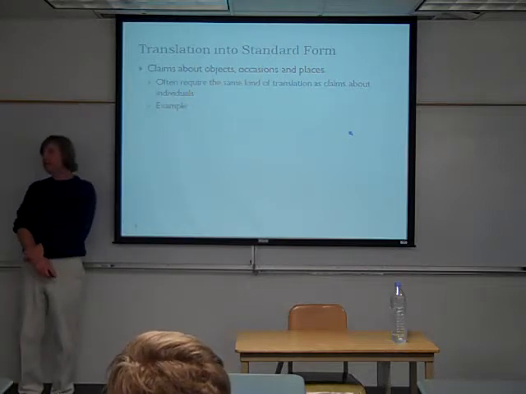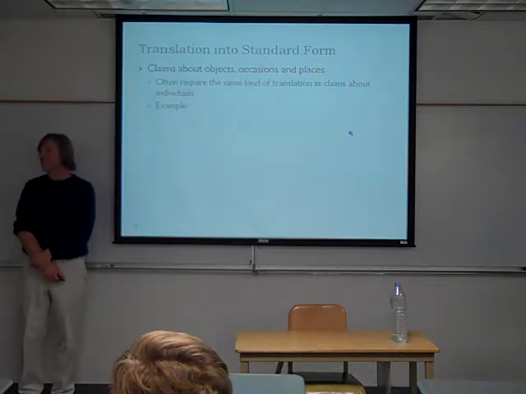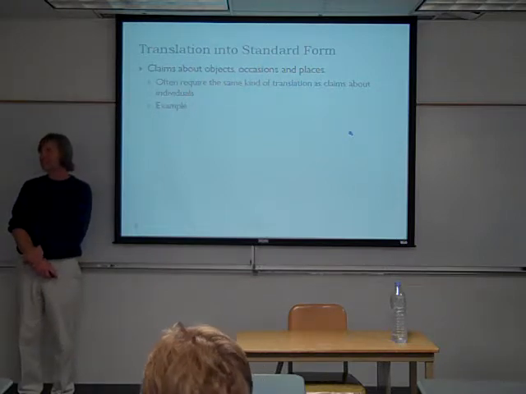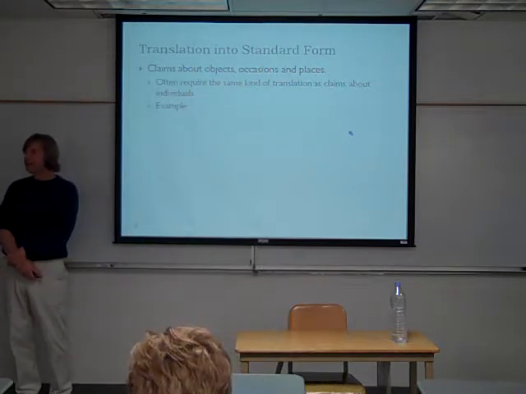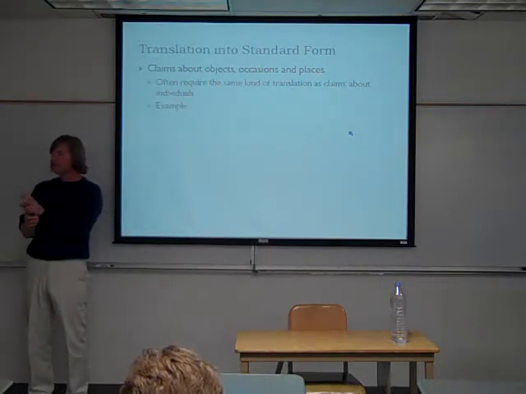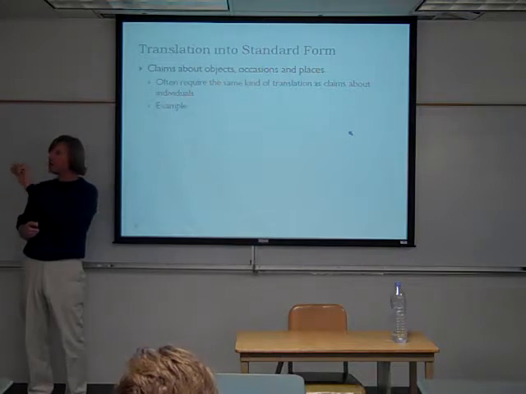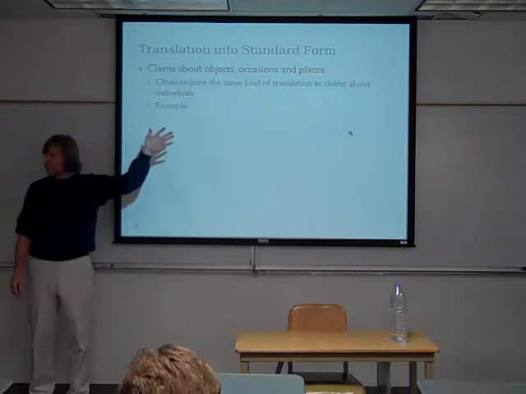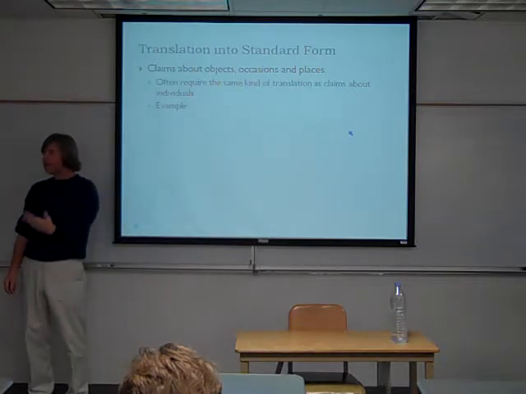Well, given that the logic text does it, I think it's pretty clear what their answer is. Yes, it might be a little counterintuitive, but this is the only way you can get a statement like that into the standard form of a categorical proposition in a way that is valid and logical.